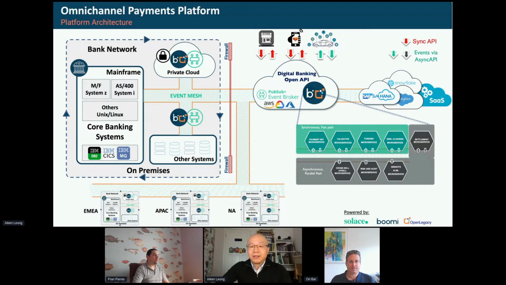So event mesh, as you can see here on the diagram, is basically a network of event brokers that sit in the clouds or on-prem data centers, or at the edge of IoT gateways, if you have some kind of IoT use cases as well. And it moves data, which could be IoT data, transaction data like a payment request or a payment response, or events, as we call them, or, more often than not, service invocation calls. For example, a RESTful call is actually a piece of event or a piece of message, right?